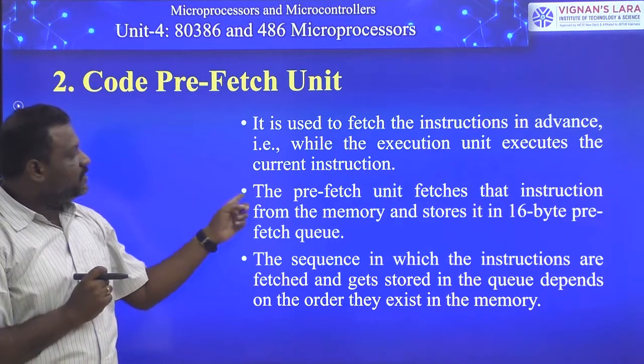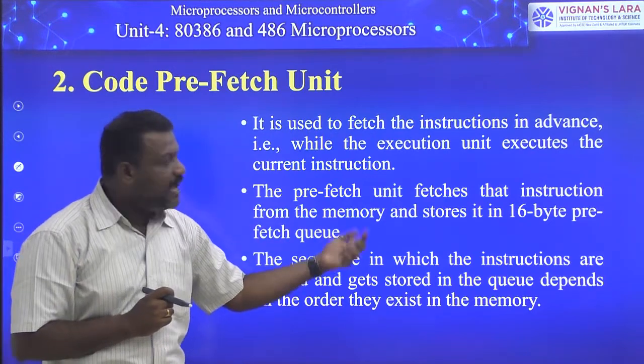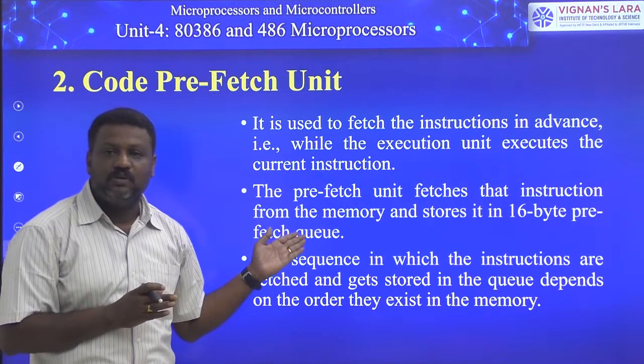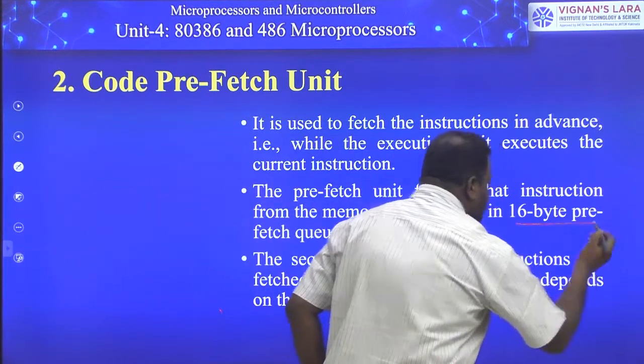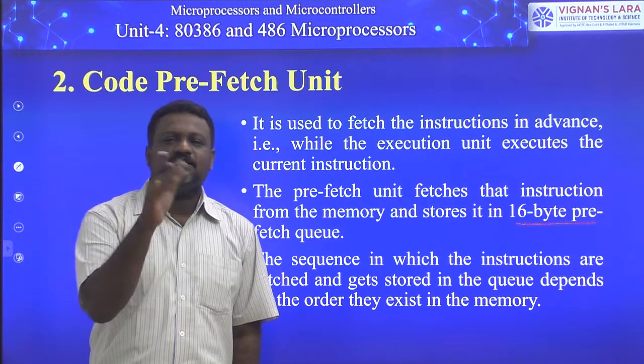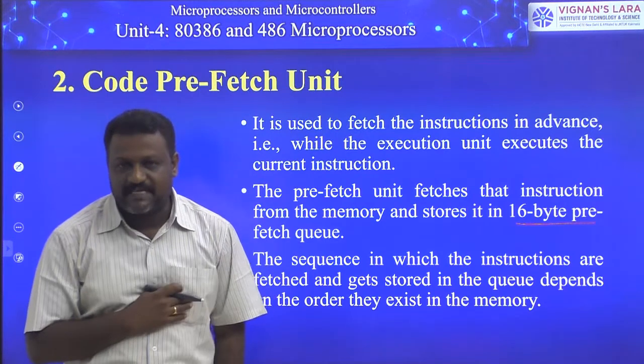Coming to the second one, the prefetch unit fetches the instruction from the memory and stores it in a 16-byte prefetch queue. It is very important, guys, because if you refer to the 8086 architecture, in the 8086 we also have a prefetch queue, but of size only 6 bytes.